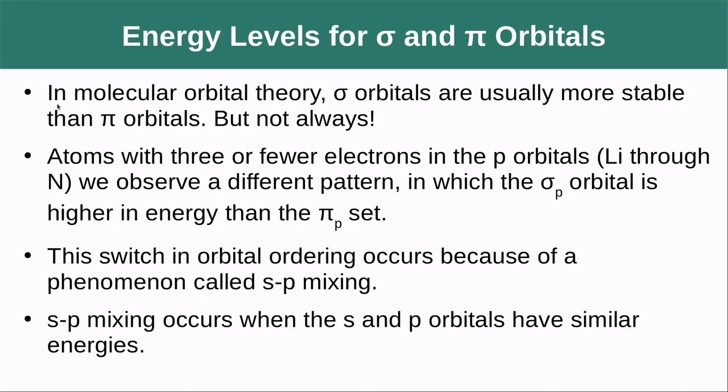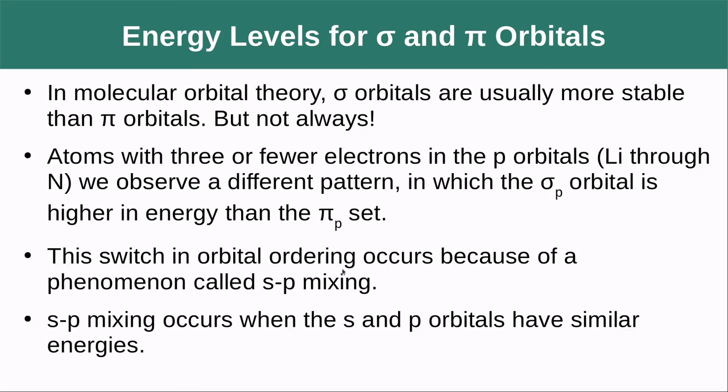In molecular orbital theory, sigma orbitals are usually more stable than pi orbitals, but not always. For atoms with 3 or fewer electrons in the p orbitals, so lithium through nitrogen, we observe a different pattern in which the sigma p orbital is higher in energy than the pi p set.